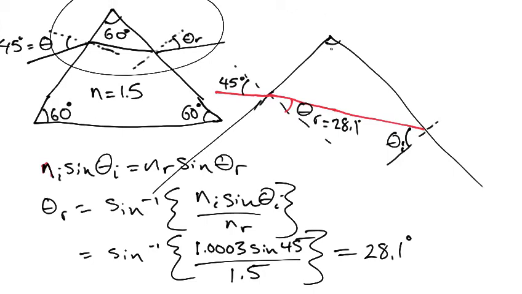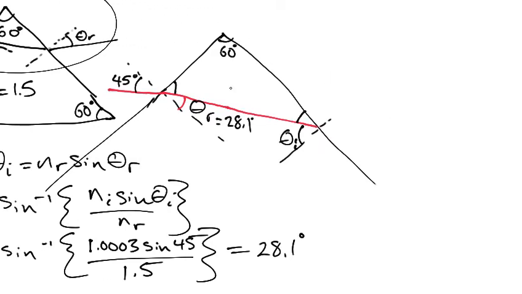So we know that this is 60. If we know that, then we know that this angle plus this angle plus this angle has to equal 180. And we also know that this angle is complement to theta R here, and this angle is complement to theta I here. So we can actually work towards that. You can probably see the math now.